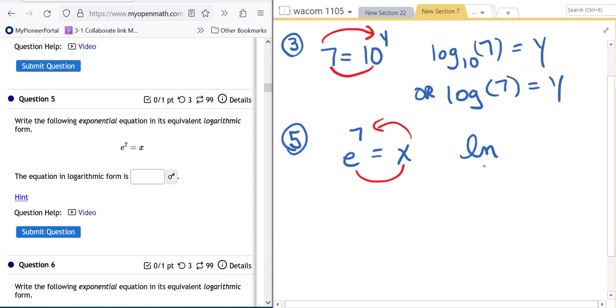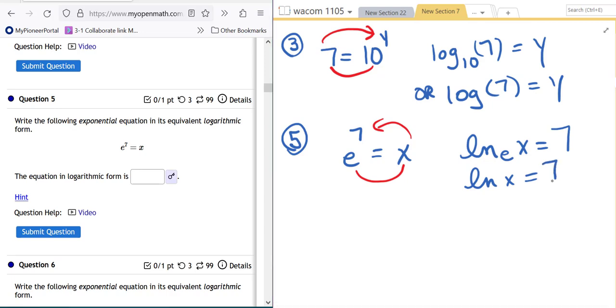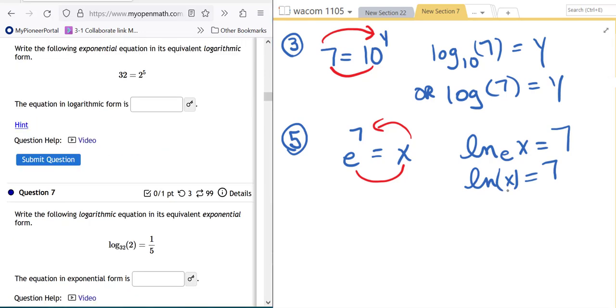So natural log, and natural log is always base e. I mean, you can write it, but you won't see it written that way, of x equals 7. So ln of x equals 7. And I should put the parentheses, but it will help you if you don't.